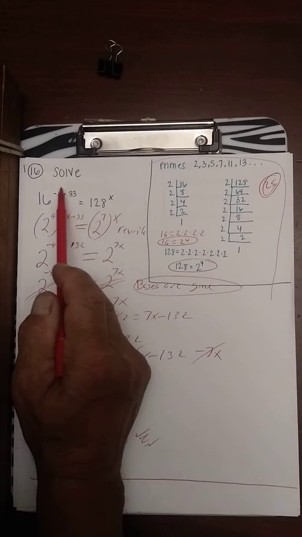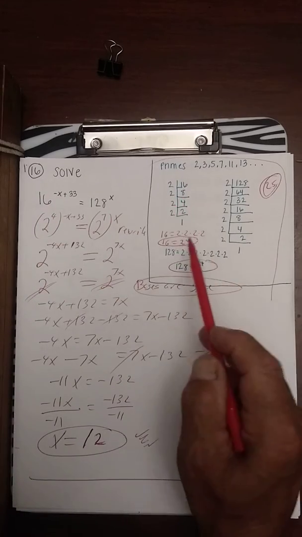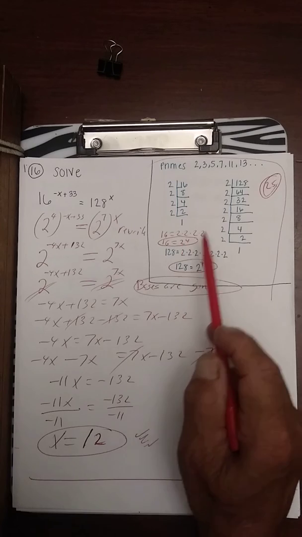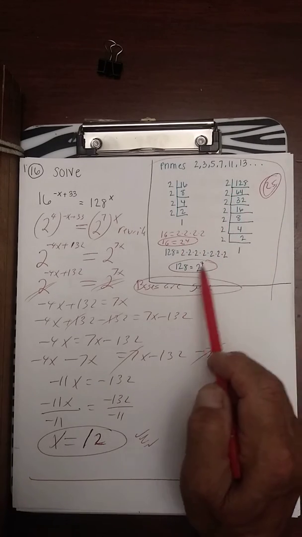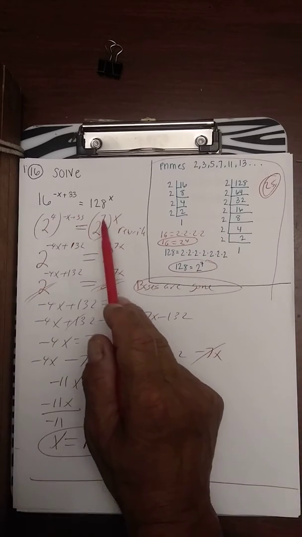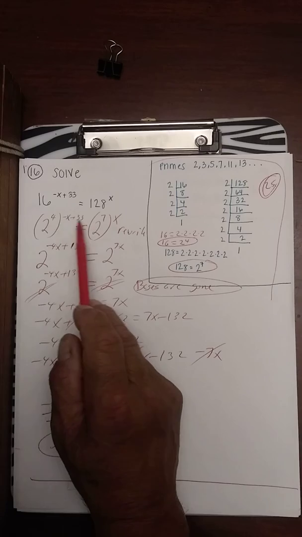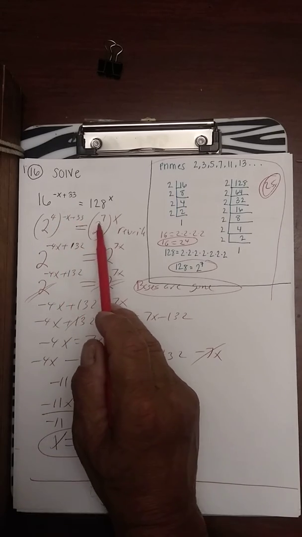Let's solve this function right here. First, rewrite 16 as 2 times 2 times 2 times 2, that's going to be 2 to the 4th power. 128, divide everything by 2 until we get to the end, we have 2 to the 7th power. So now, 2 to the 4 is that. 2 to the 7 is that. Multiply the powers upstairs. 4 times 33 minus x, and 7 times x.